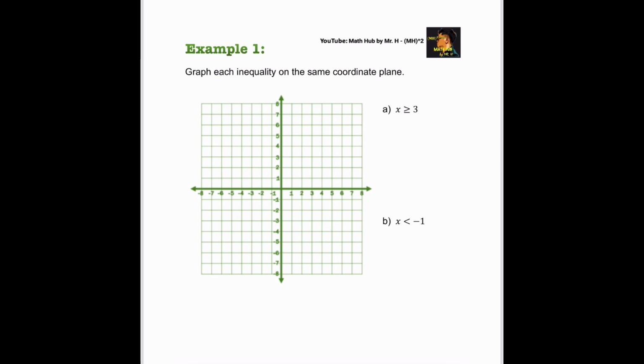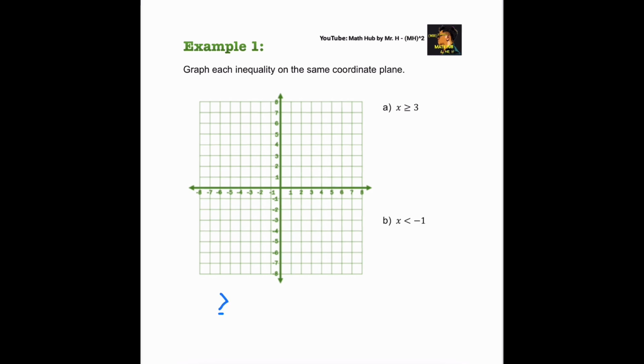So you will be seeing symbols like this one. So that's greater than or equal to, or less than or equal to. If you see symbols like those, definitely you will be expecting a solid line. All right, could be like this.